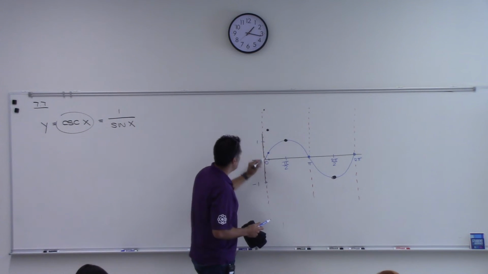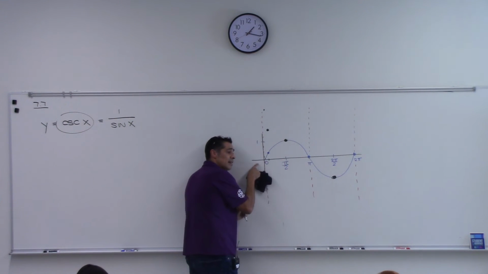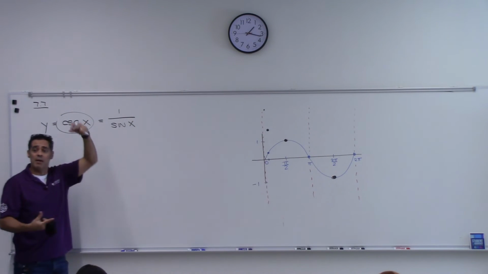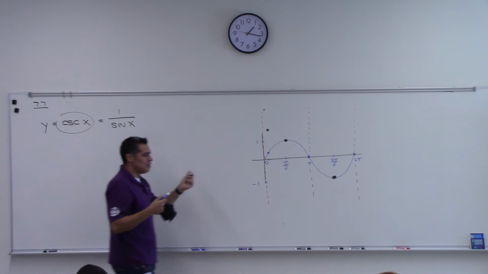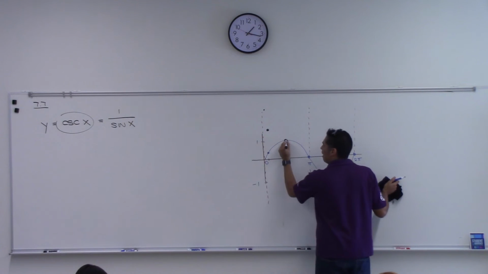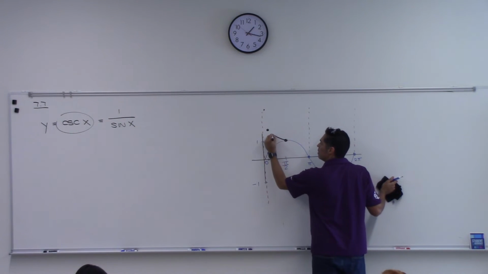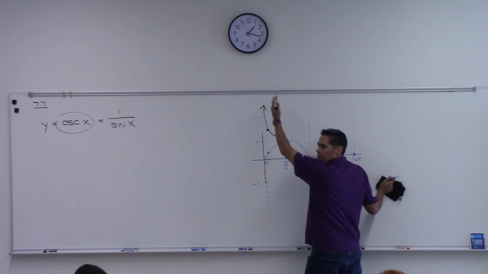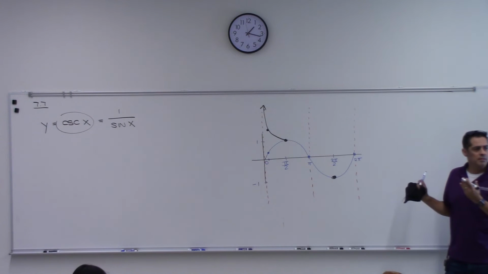The closer I get to 0, the smaller the number gets, and 1 over that number should get bigger and bigger and bigger. So with that idea, does it make sense that the left side of this should look like that? Like a vertical asymptote? Yes?